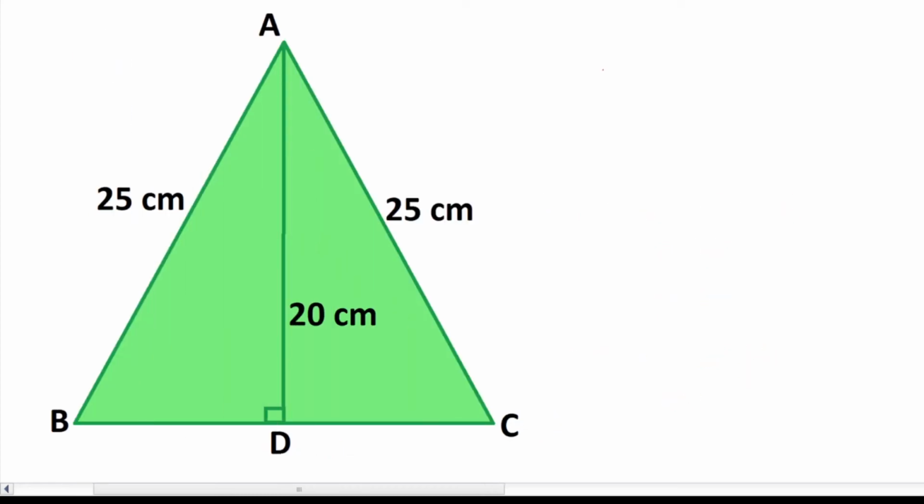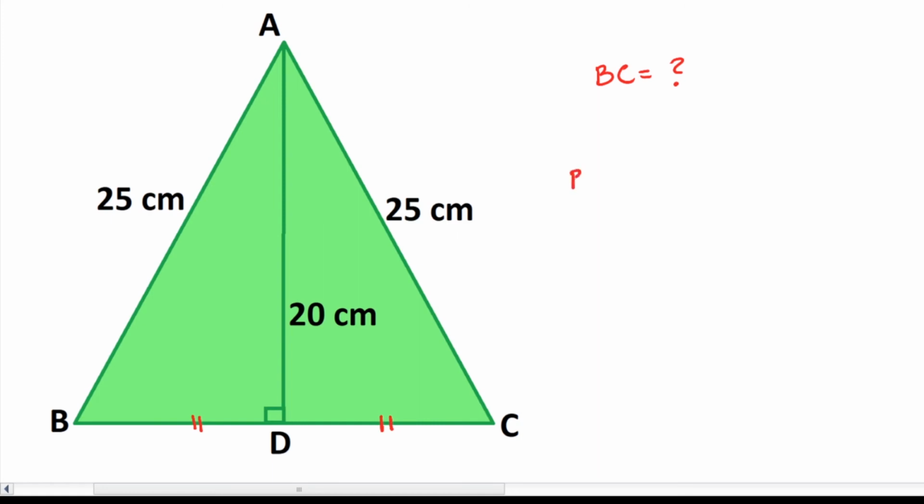Now let's use the Pythagoras property to solve one more problem. मुझे बताओ, what is the length of BC? Now triangle ABC is an isosceles triangle and altitude AD divides the triangle into two right angled triangles.